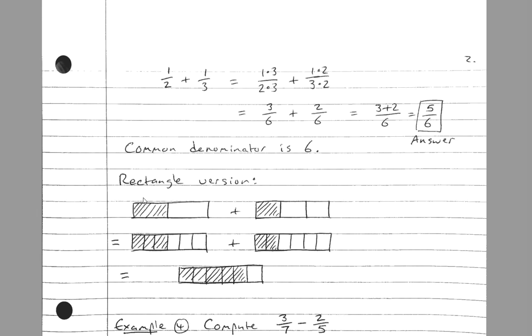So divide this half into 3 pieces, this half into 3 pieces, each of these into 2. Okay, so now we can see what we're doing. Yeah, it's just we're really adding 3/6 plus 2/6, so 5/6. All right, so yeah, that's a nice way to think of it.